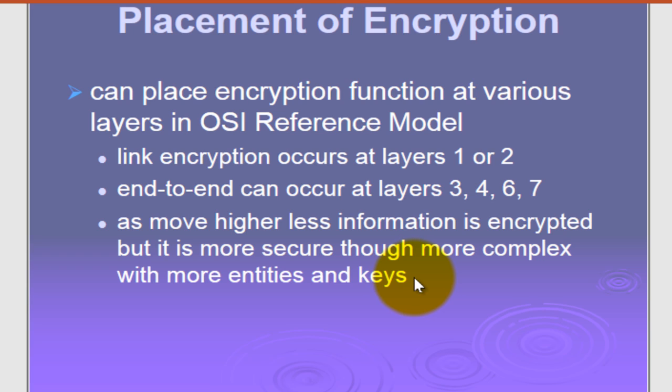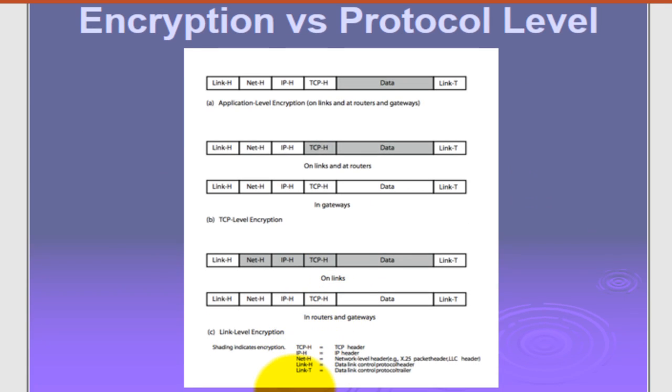You can see that in another diagram. See here. At the link level, initially you need to provide encryption to the network header, IP header, TCP header and data.